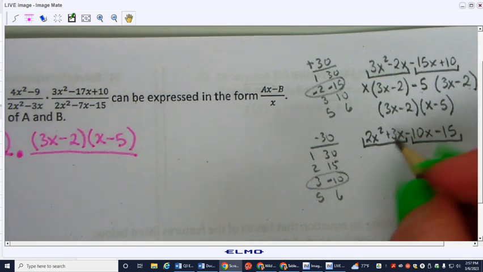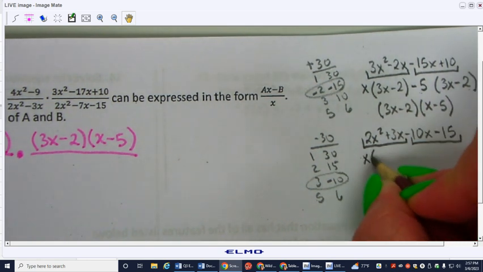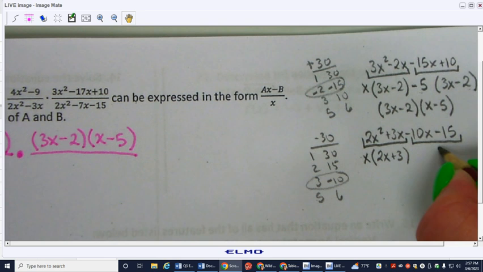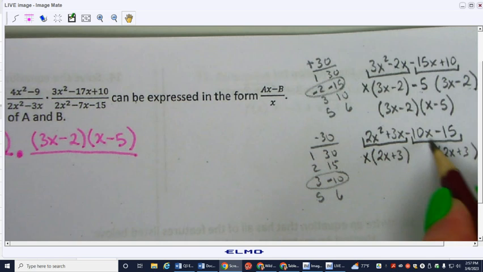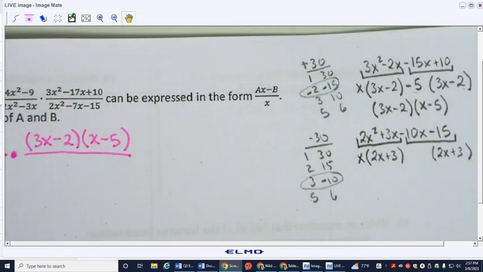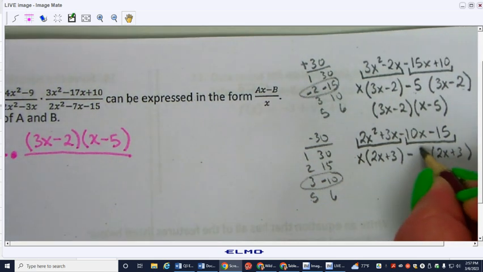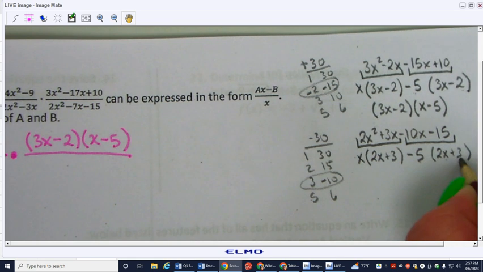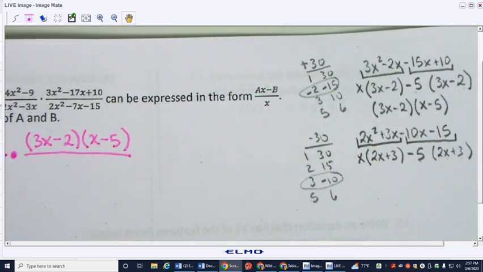Just like last time, I can take an x out of the first two, leaving me with 2x plus 3. So I still want to end up with a 2x plus 3. What am I going to have to factor out of my negative 10x minus 15 to make it a 2x plus 3? Negative 5 again, because negative 5 times 2x is negative 10x, and negative 5 times 3 is my negative 15.